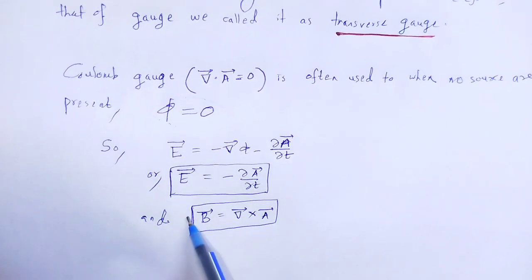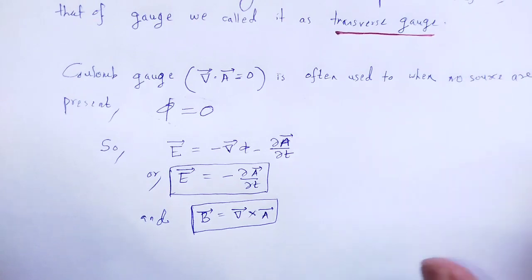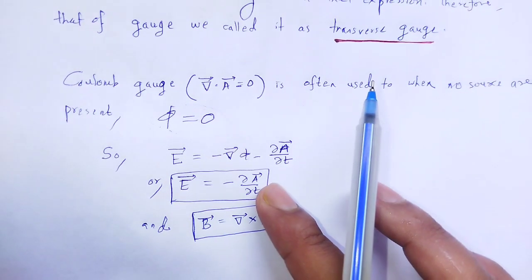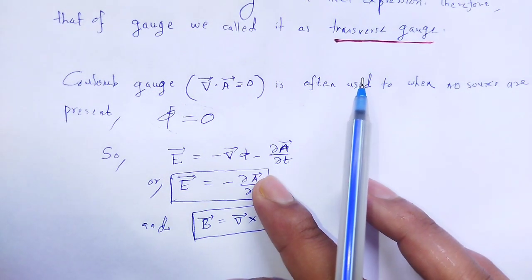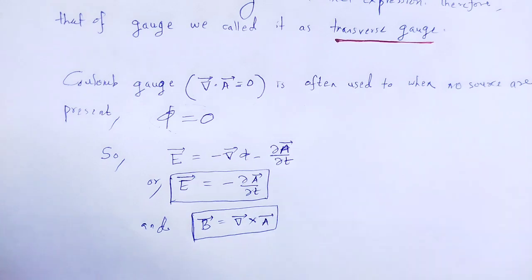So, the electric field and magnetic field can easily be calculated by using the A vector, the vector potential field.